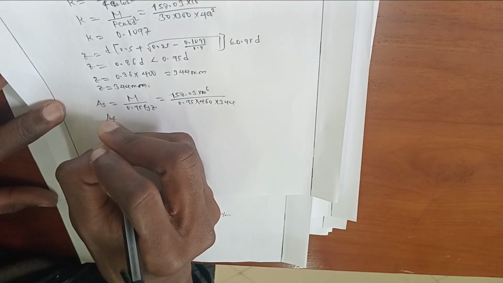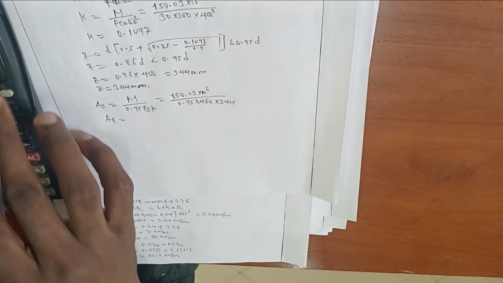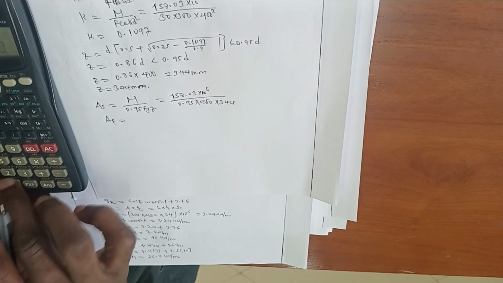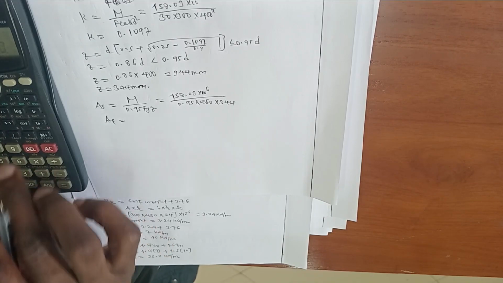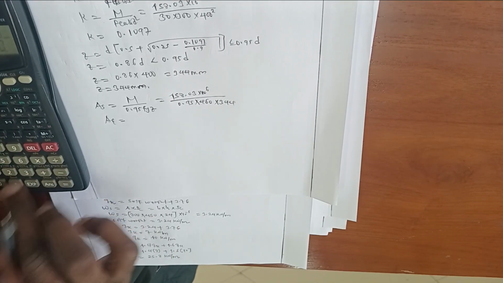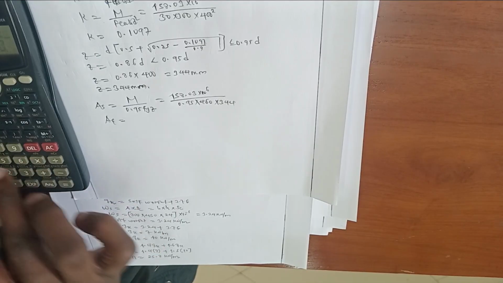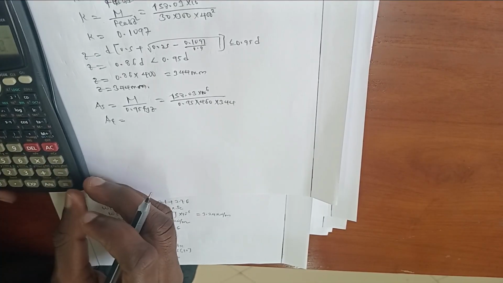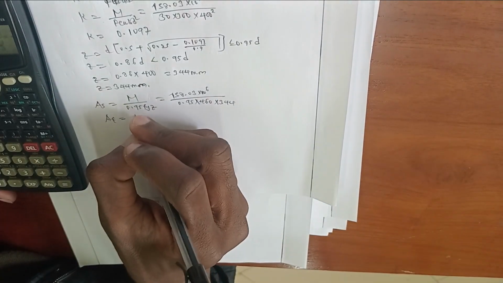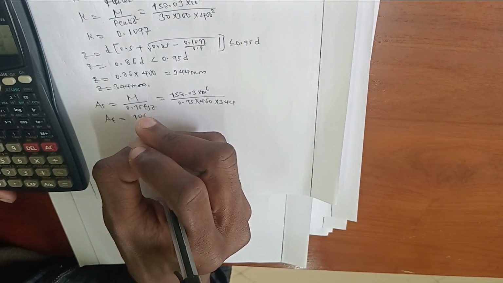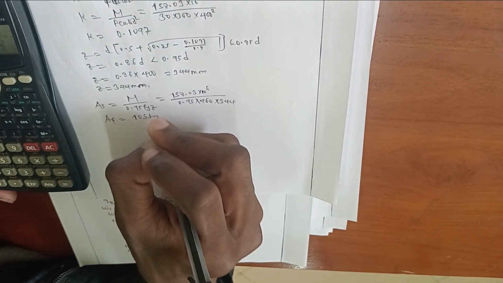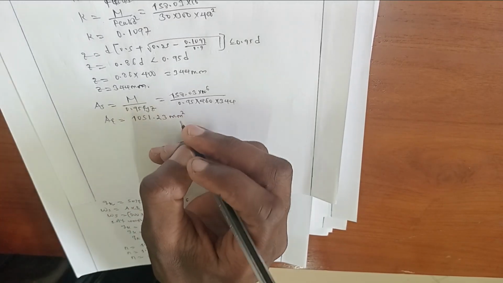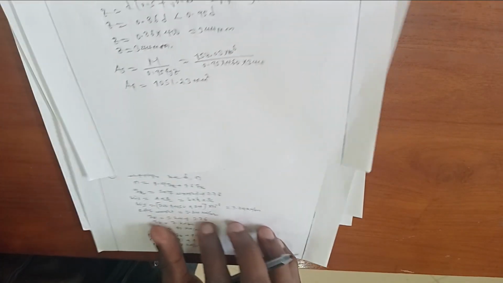Area of tensile steel is equal to 158.03 times 10 power 6 divided by 0.95 times 460 times 354, which will be equal to 1050.23 millimeter square. This is the area required for the tensile steel.